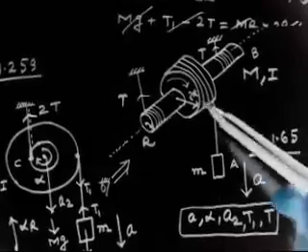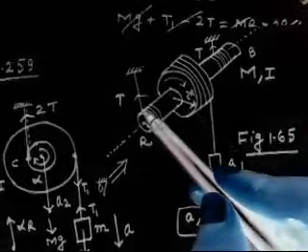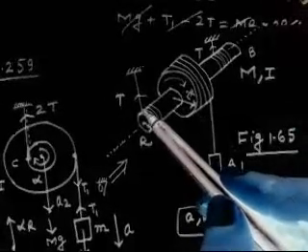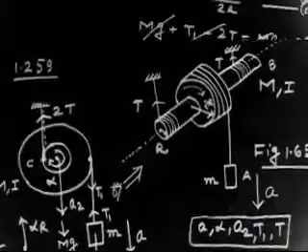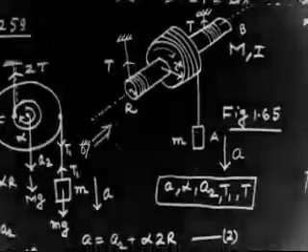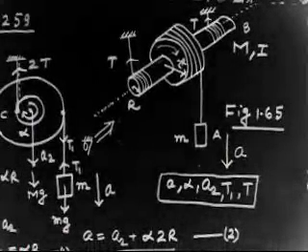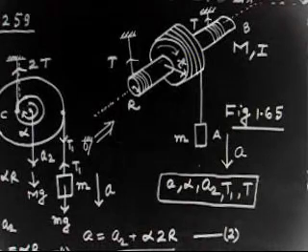This is the first condition. Second condition, this point is just not slipping, so the velocity or total acceleration of this point is 0. That is the second condition. There are 2 constraint conditions. So in this case, we have written 2 constraint conditions and 3 equations of Newton's, and then we have solved. We will discuss the next problem.